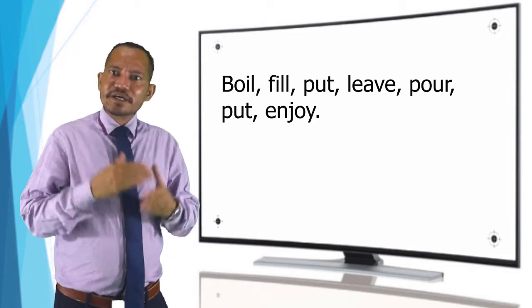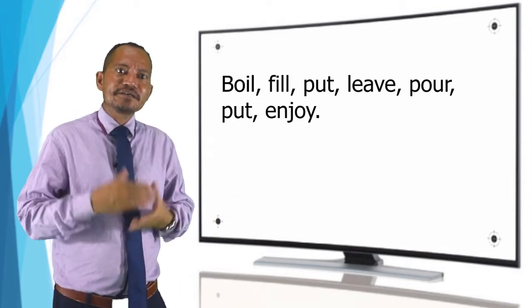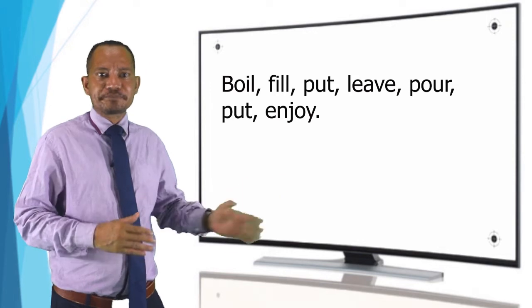And notice there is no subject or to before each of these base form of the verbs.